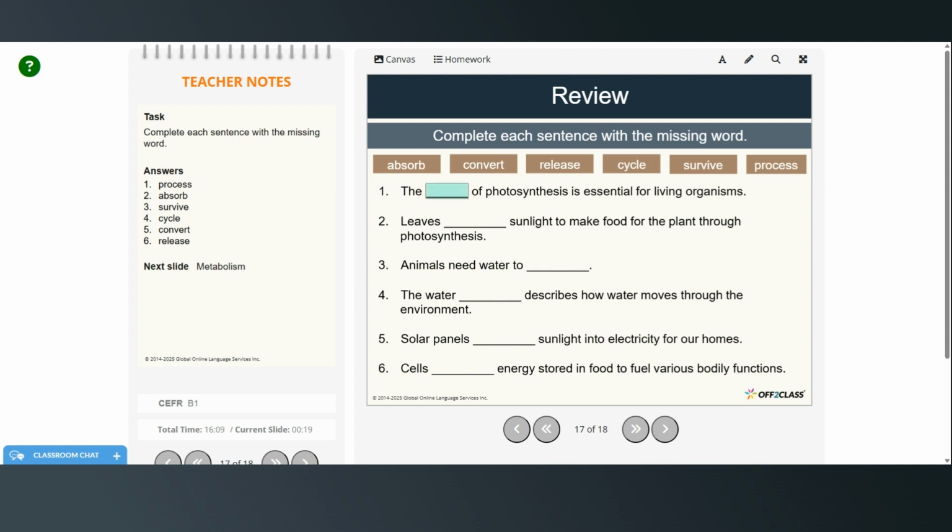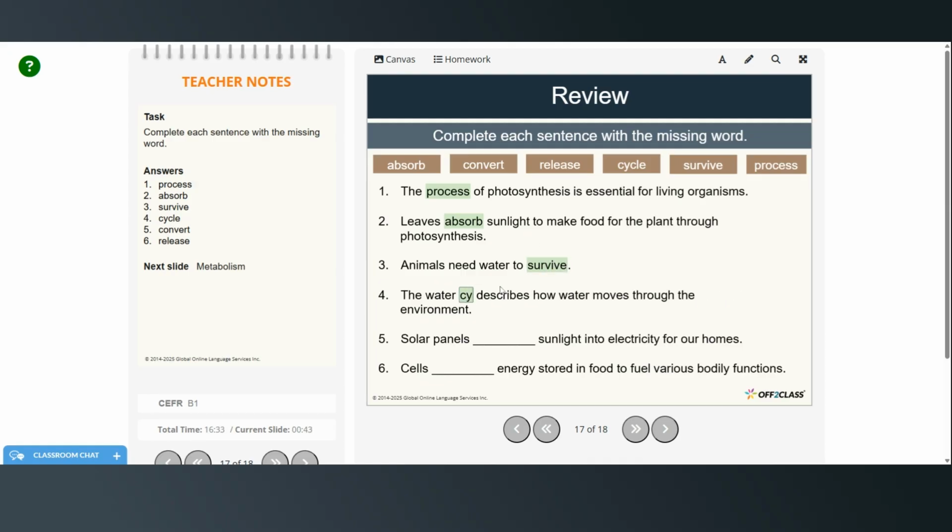So number one, the process. Photosynthesis is essential for living organisms. Leaves absorb sunlight to make food for the plant through photosynthesis. Animals need water to survive.